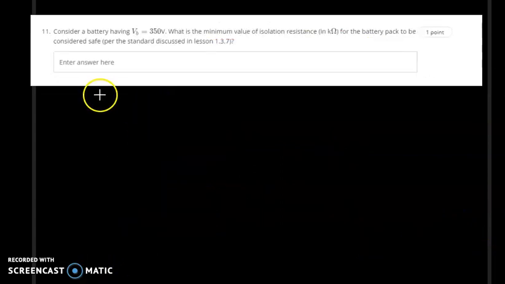The 11th question reads: consider a battery having VB, where VB is 350 volt. What is the minimum value of isolation resistance in kilo ohm for the battery pack to be considered safe? The isolation resistance R is VB divided by 2 milliampere.